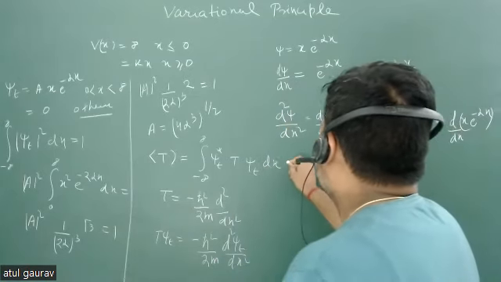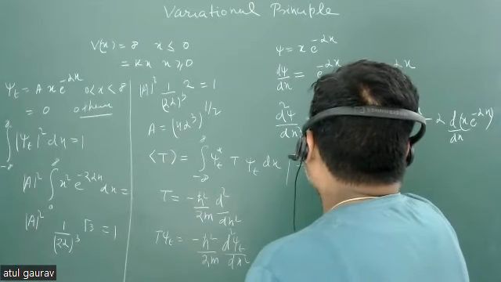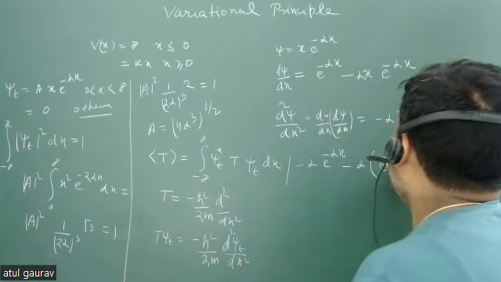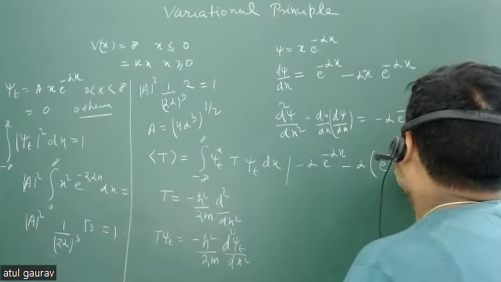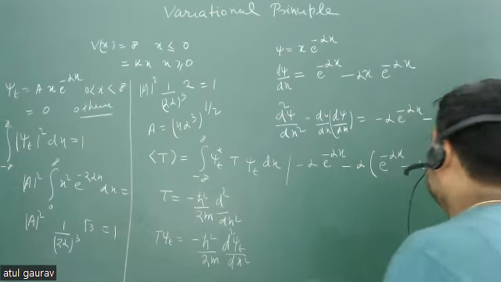So what will happen? This value is equal to minus alpha e to the power minus alpha x minus alpha, and here I can put e to the power minus alpha x minus alpha x e to the power minus alpha x. That's it.